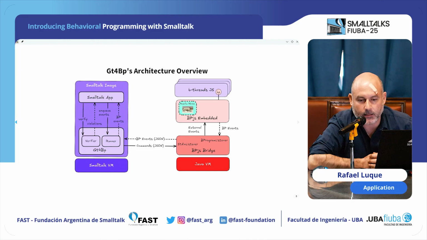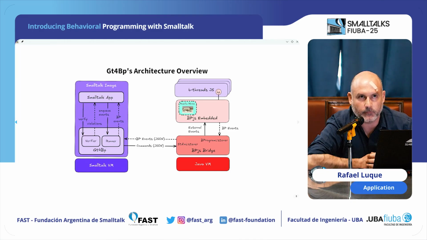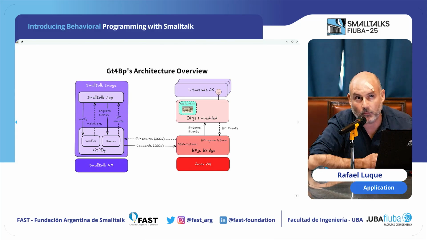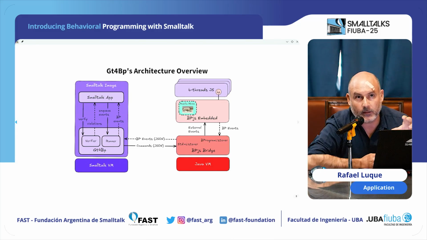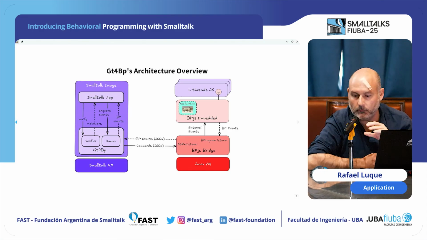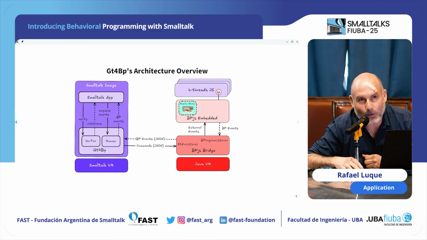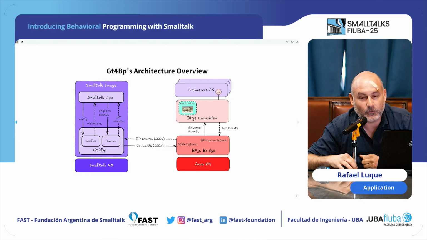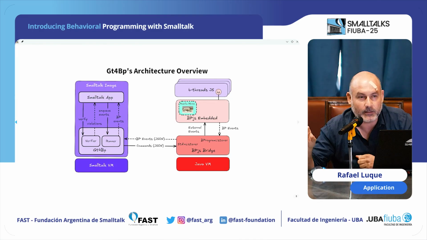As a first decision, we decided to build a prototype using an available tool, that is BPJS, and build this BPJS bridge using a very simple mechanism, marshalling and unmarshalling injection through standard input and standard output. This could be evolved into something more elaborate, but we are avoiding this because our plan for the near future is to implement the BP engine inside Smalltalk. So we will not use these kinds of mediators between Smalltalk and a BP engine that is external to the image.